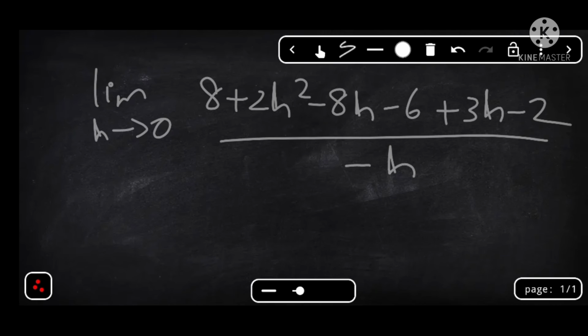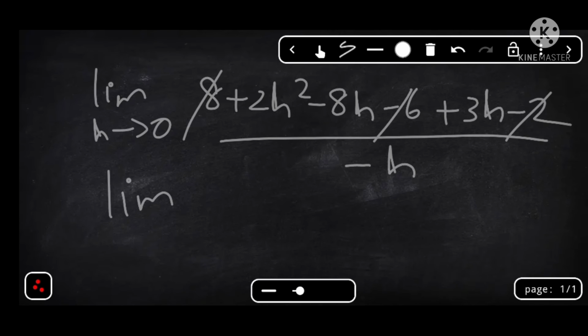So this is going to be what? Just see here, 8 minus 6 is 2, and 2 minus 2 is 0, so these three terms cancel. And −8h plus 3h is −5h.